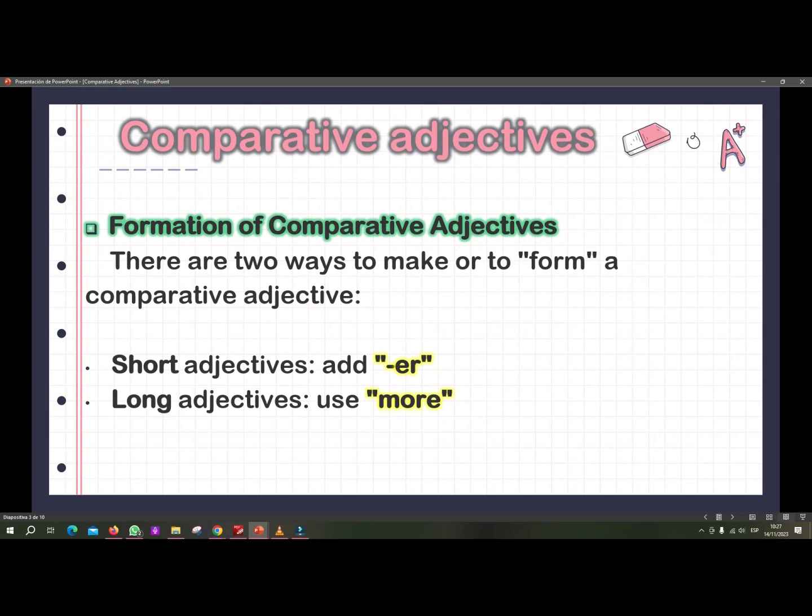Si usted tiene un adjetivo de 2 o más sílabas, un adjetivo largo, vamos a agregar antes del adjetivo la palabra more. Y en este caso, como no es un adjetivo corto, no le vamos a agregar ER, sino que el adjetivo va a quedar en su forma base.